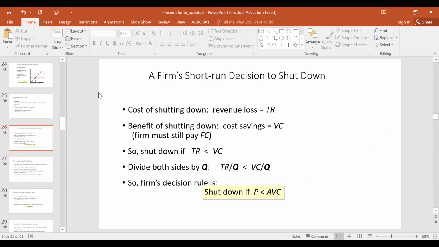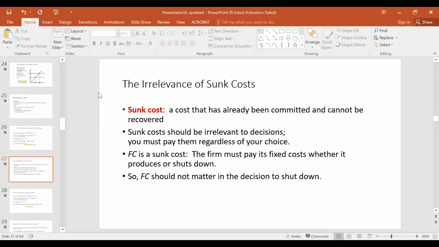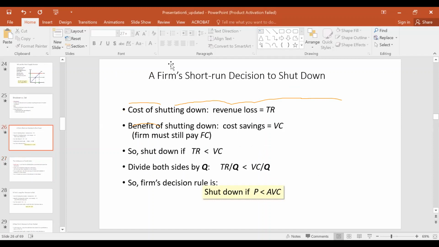We'll soon talk about the long run decision, but some of you who did accounting may know cost accounting. There's something called sunk cost. From the word sunk, it has sunk already, it is gone. A cost that has already been committed and cannot be recovered. You have paid for the land for 2 years, it is gone. You cannot recover it. It's a sunk cost. The reason this has come up is that we are not looking at fixed cost here to make the decision of shutting down.